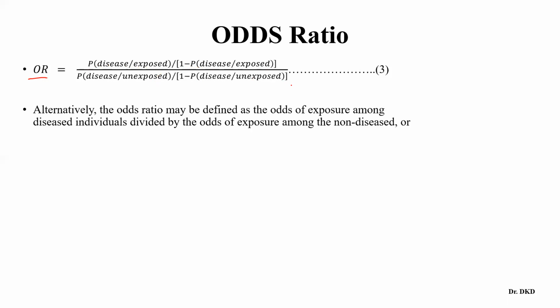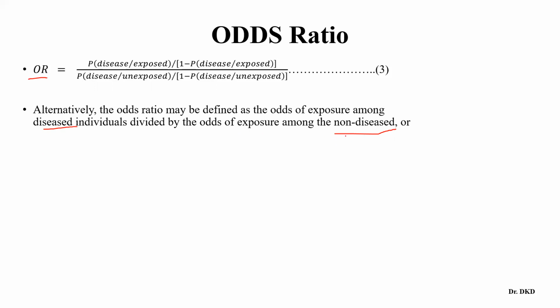Alternatively, another way we can define the odds ratio is as the odds of exposure among diseased individuals divided by the odds of exposure among the non-diseased. Previously we talked about the odds in favor of disease among the exposed divided by the odds of disease among the unexposed.